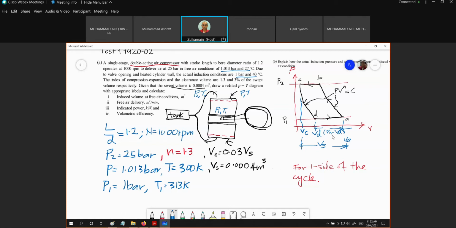Answer the question. Induced volume at free air condition. What is the meaning of that? Where is the induced volume?